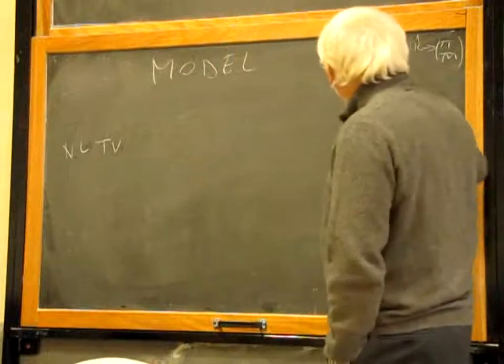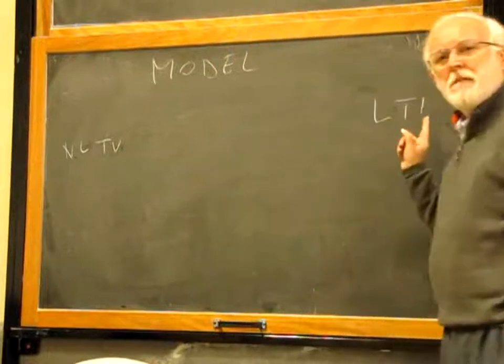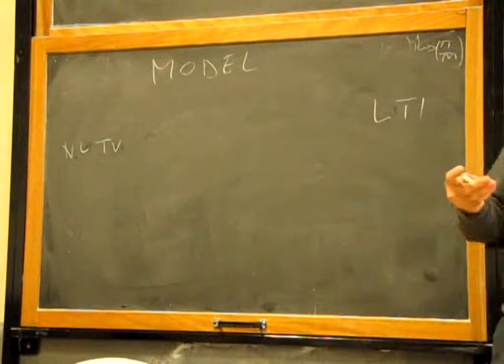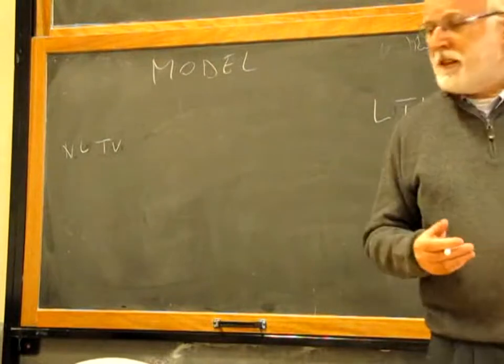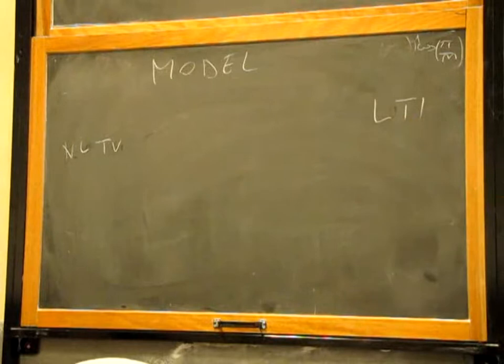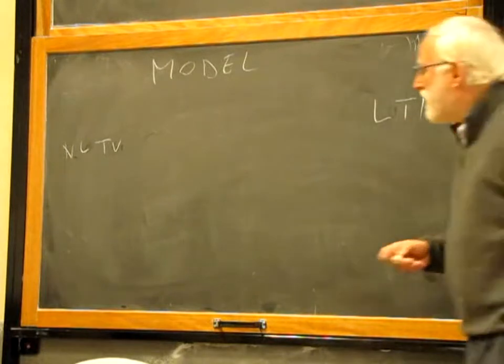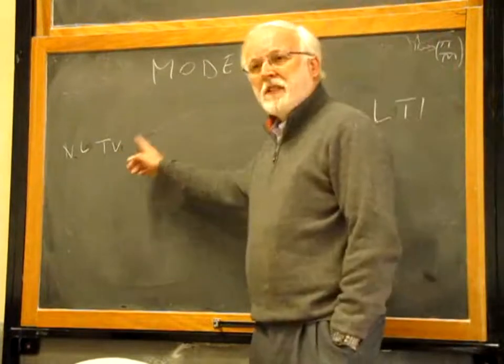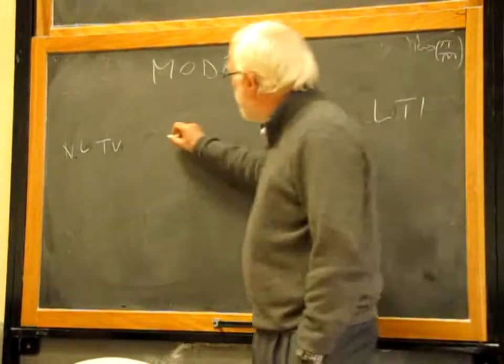And we want to get an LTI system, linear time invariant, so we can use all the standard techniques you learned in your studies to design, that is basically Laplace transform or Z transform. In order to go from non-linear time variant to linear time invariant, we need to go through two steps.